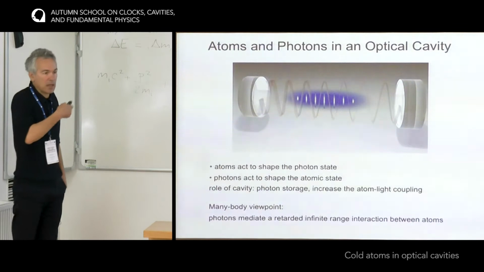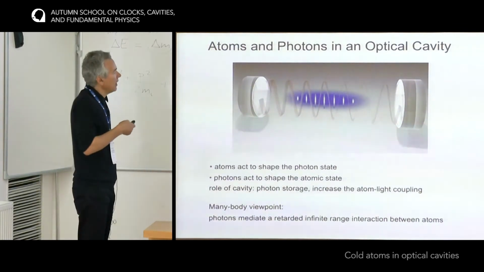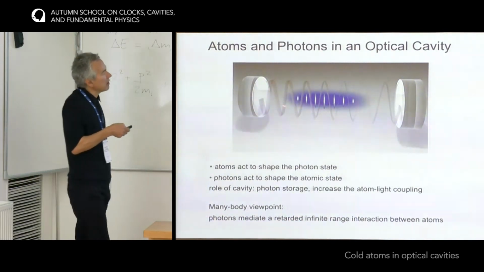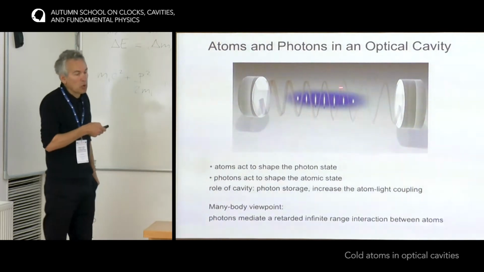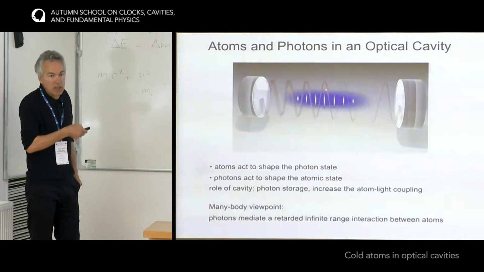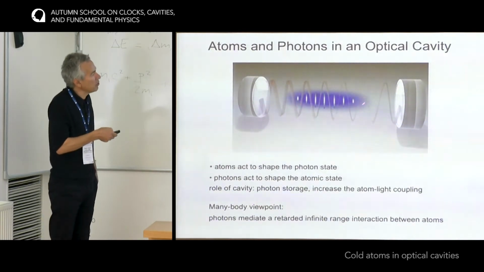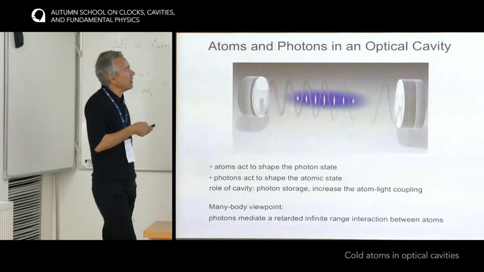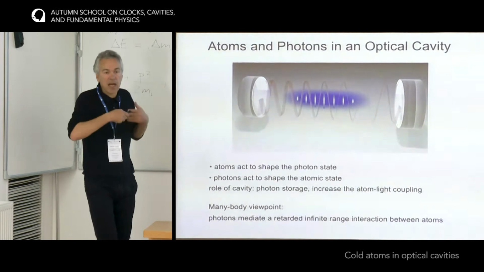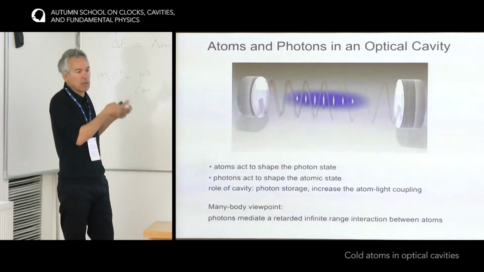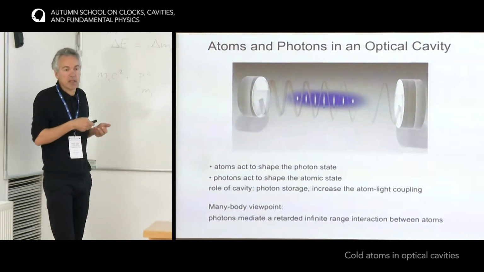This is how it comes out in our experiment in the end. And the infinite range interaction is retarded in our experiment, because the photon lifetime in the cavity is so long that it takes time for the photons to rearrange with respect to the atomic state, and the atomic state again takes some time to rearrange according to a specific light state in the cavity.